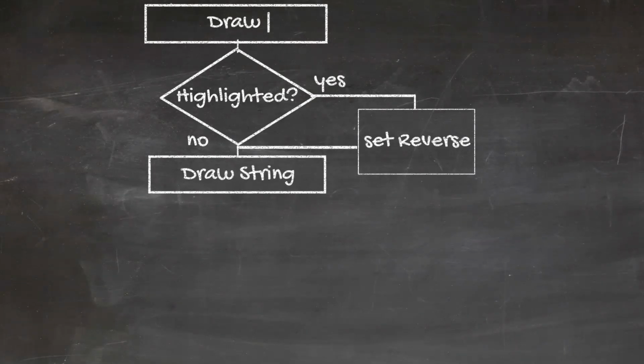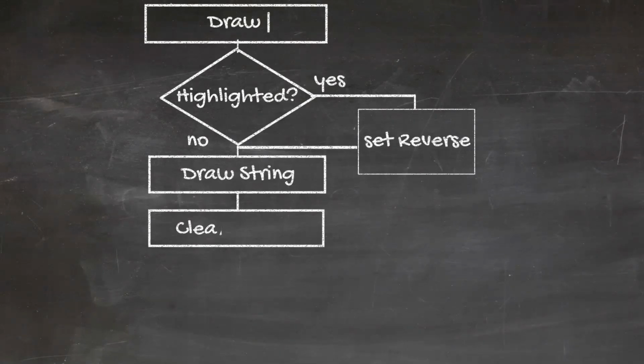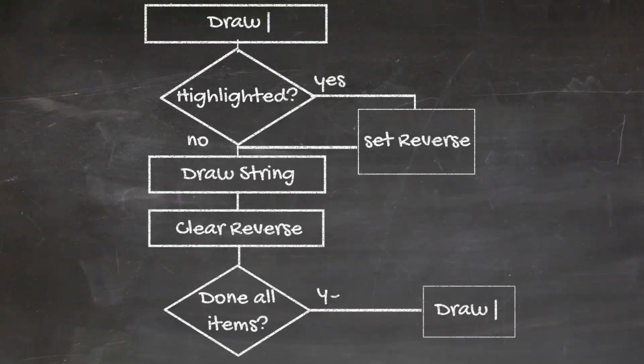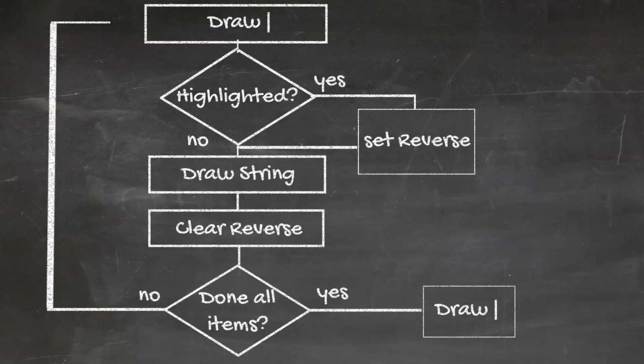Draw a string. Turn off highlight. Loop number of items. And then draw the final bar. And if this was ROM bound, then this is how it would be done.